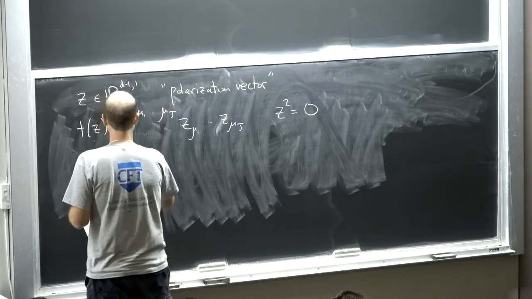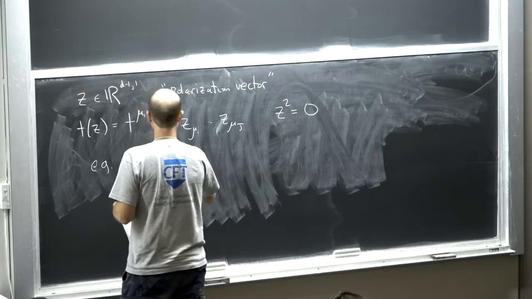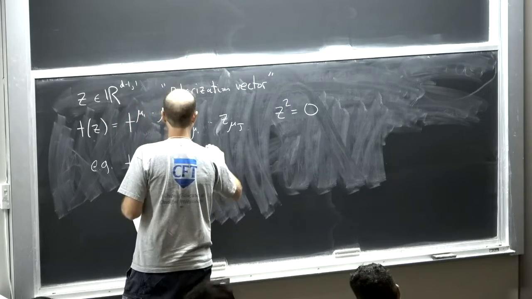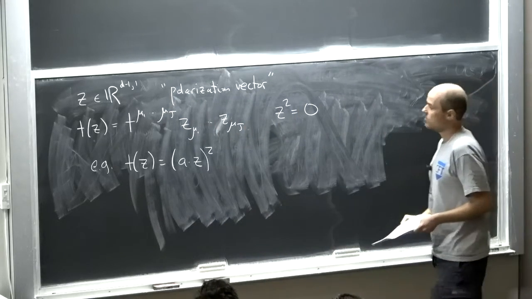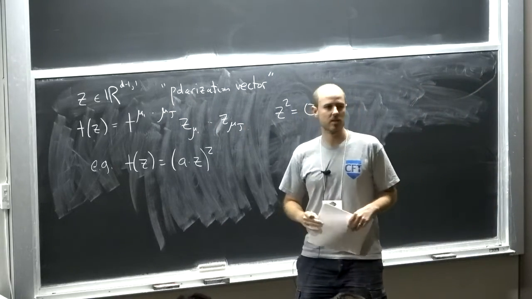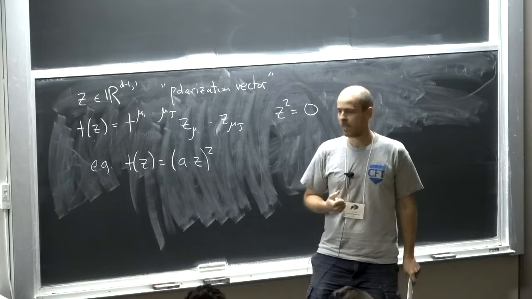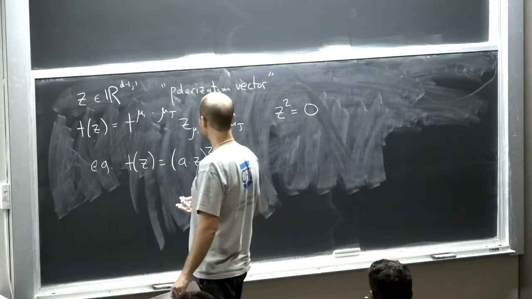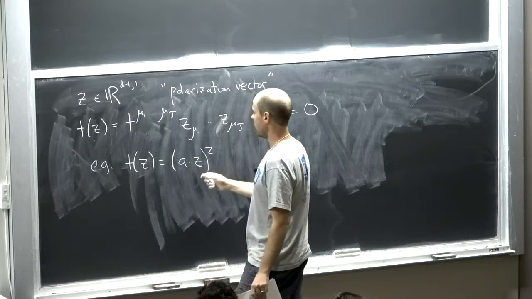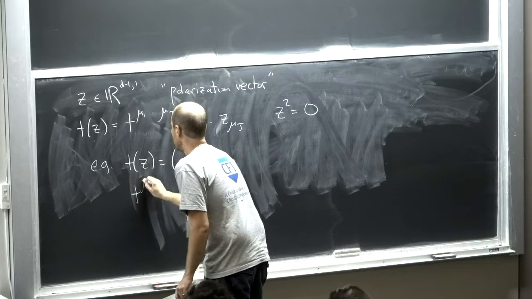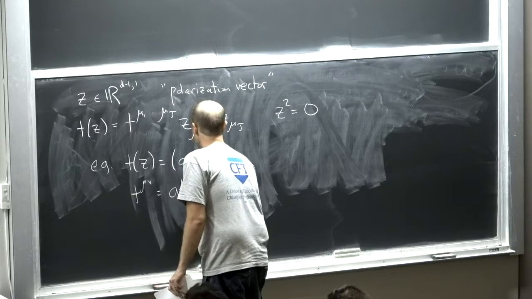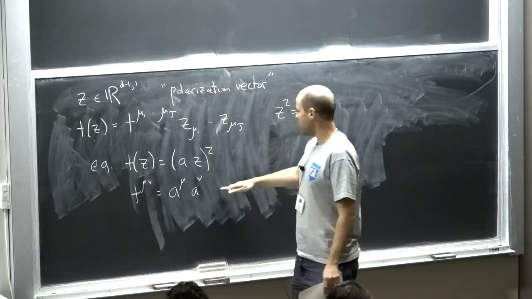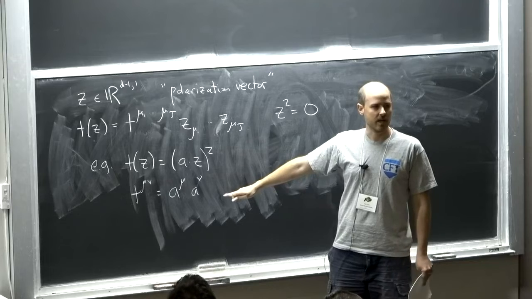So for example, if you had t of z of this form, a dot z squared. First of all, this is a rank 2 symmetric tensor, and I know it's rank 2 because this is a quadratic polynomial in z. So then we could try to reconstruct the underlying tensor, and to do that we have to strip off the z's. So t mu nu, well, naively we get a mu a nu, but then we can have anything we want times the metric, eta mu nu.